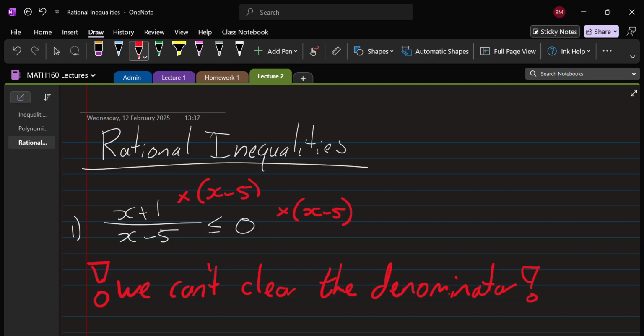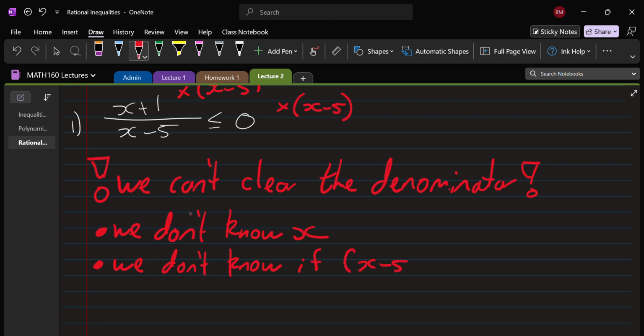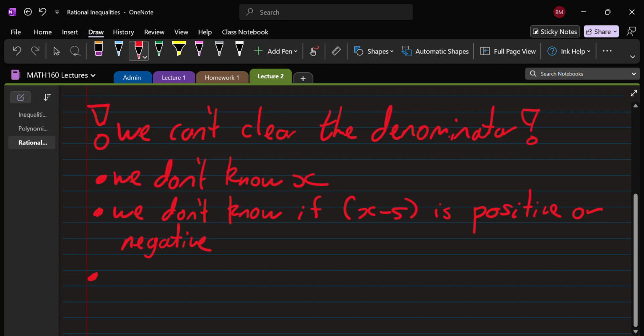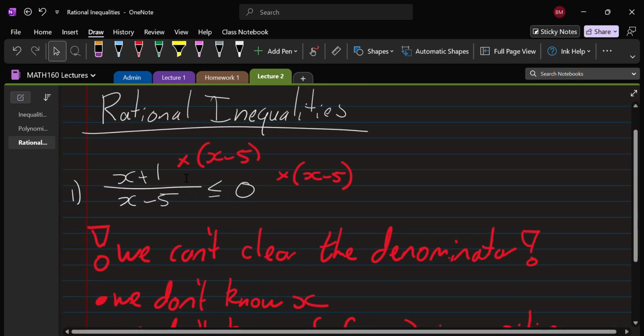But we don't know what x is, which means we don't know if x minus 5 is positive or negative, so we don't know if the inequality flips. And we're stuck. We can't do that.